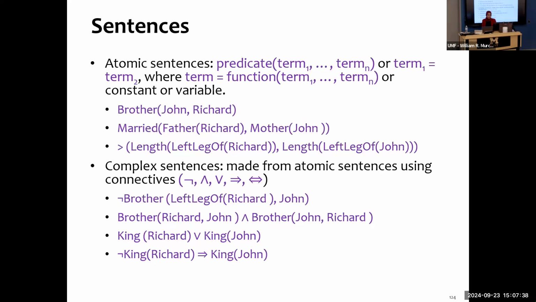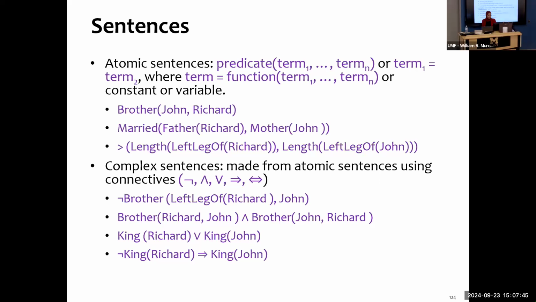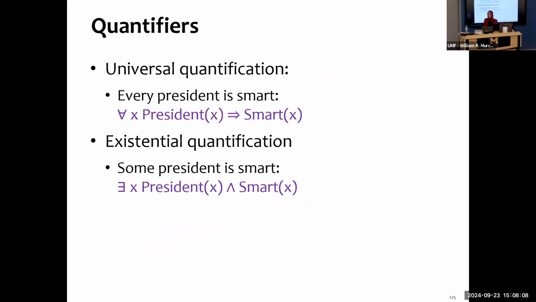And the last one: if Richard is not the king implies that John is the king. If Richard is not the king, then John is the king. Okay. Is that clear? Yes.